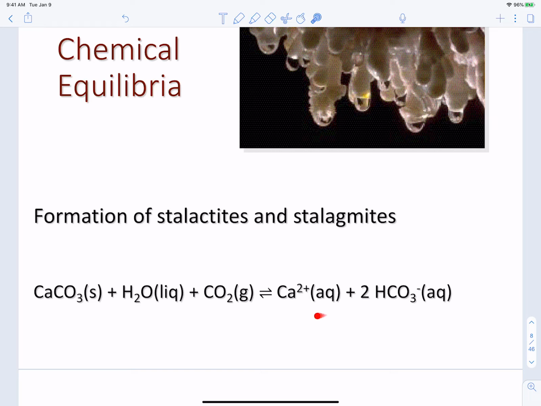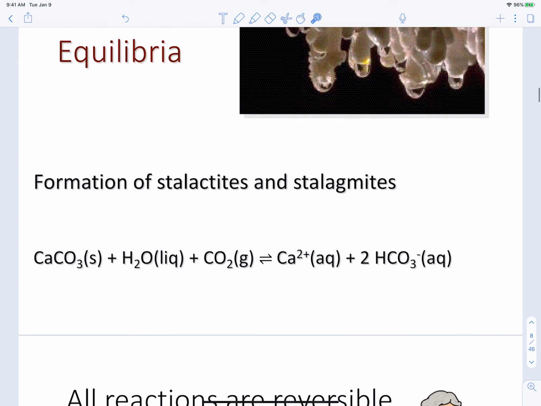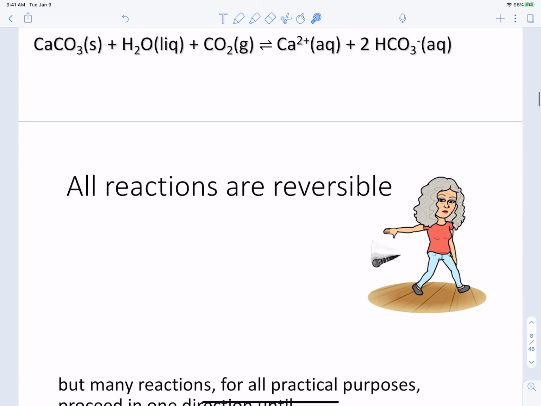If it went backwards, it would produce solid calcium carbonate, which is what these stalagmites look like. If on the other hand you wanted to degrade them, you could add more water to them, and you would need to add some CO2 gas, which would be acting a bit like an acid at that point, and the reaction would go in the forward direction. So there are many chemical equilibria that we see.